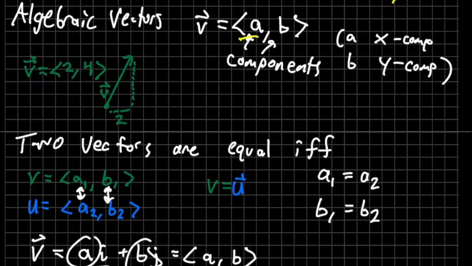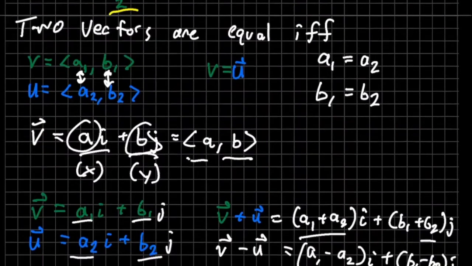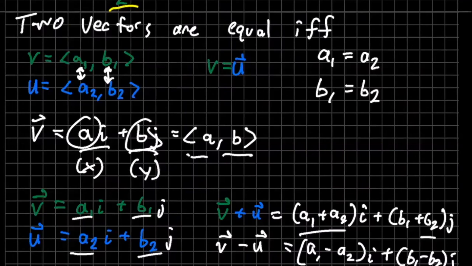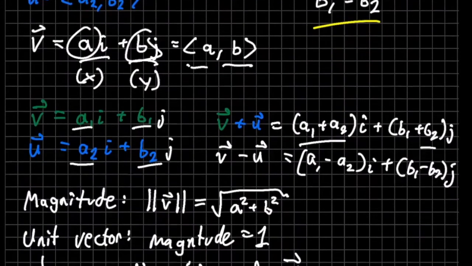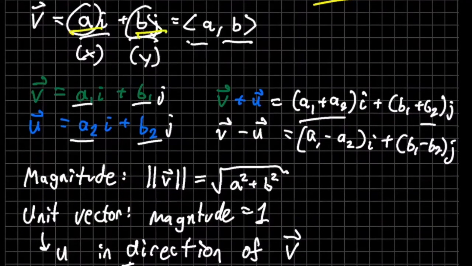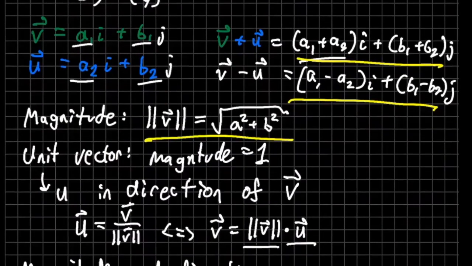Algebraic vectors can be written as two components, a and b, as we see here. Two vectors are equal if and only if their components are equal. We can write vectors algebraically using i and j, and then we can use those to add and subtract vectors. We can also find the magnitude using those components, a and b.